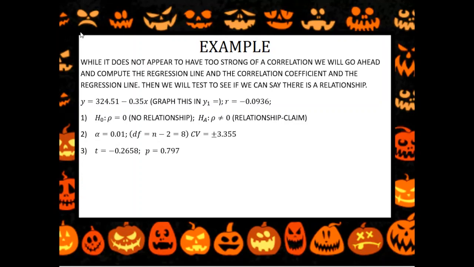Our t-value is negative 0.2658. The calculator told me that. That is not bigger than 3 or less than negative 3. It's like hugging 0 again. This is not a very good t. The probability of it, the p-value, is actually about 80%.